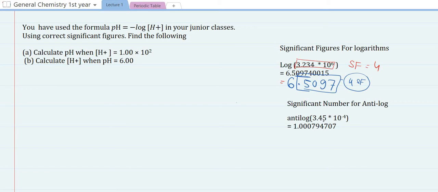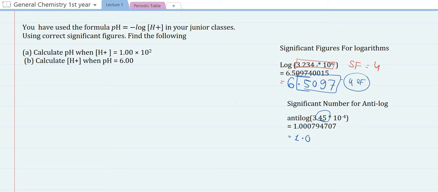So here this is a two-digit significant number, because the 3 is not included when we are calculating the antilog, just as it was when we were calculating the log. So it is a two-digit significant number, therefore it would just be 1.0.